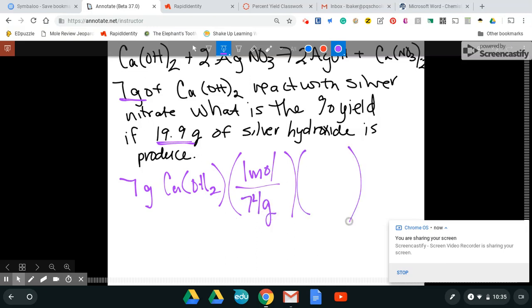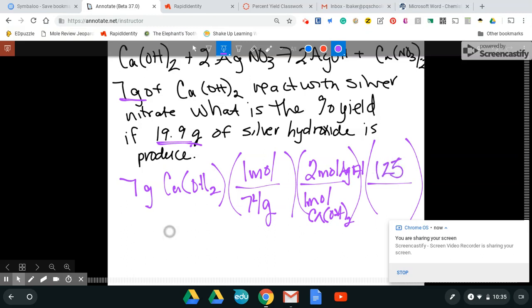Okay. I want my wants and givens. I'm looking for silver hydroxide. So 2 moles of AgOH over 1 mole of CaOH2. And I'm looking for it in grams because notice that silver hydroxide is in grams. So that's 125.